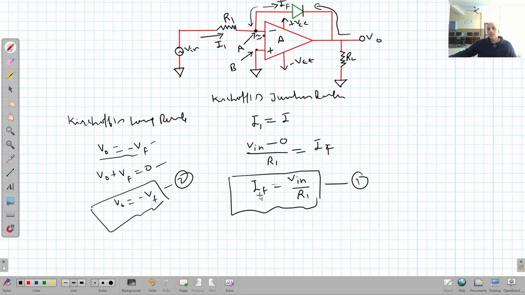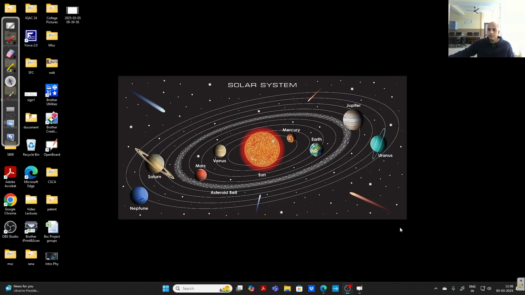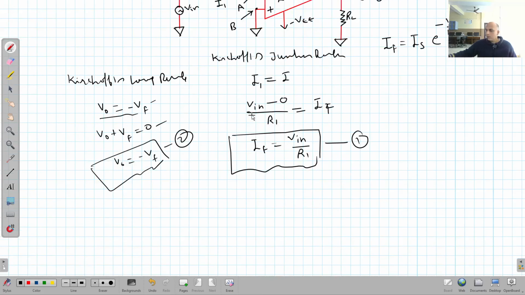Now this is what IF was, the current flowing through the PN junction diode. We know the equation of the PN junction diode: the forward current IF is equal to IS into e raised to power minus V output upon eta Vt, right?